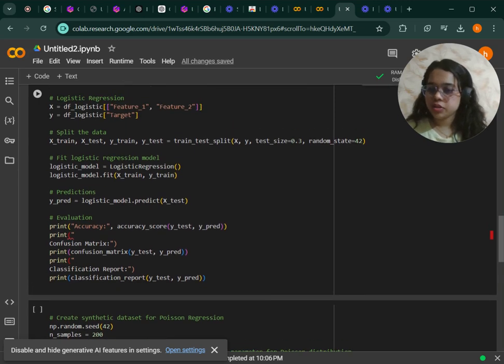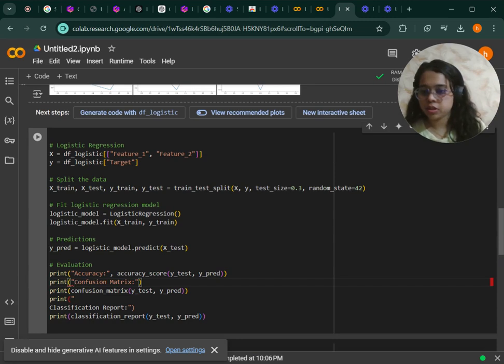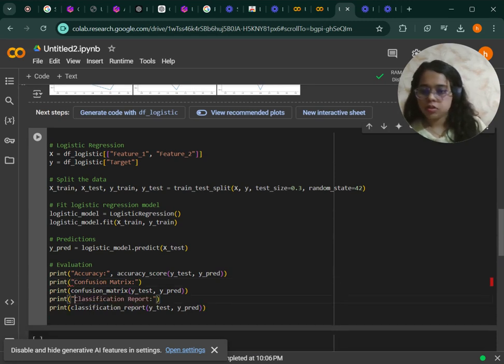Now evaluation is here. Let's try to run our model.